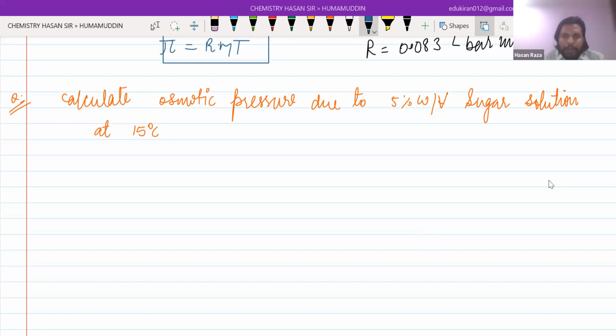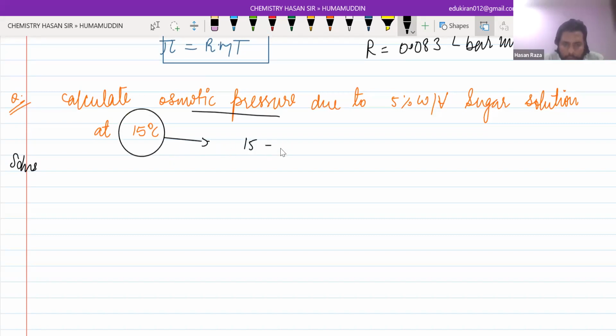See, we need to calculate osmotic pressure. Temperature is 15 degrees centigrade. So you can easily convert this into Kelvin, and that will be 15 plus 273, equal to 288 Kelvin.